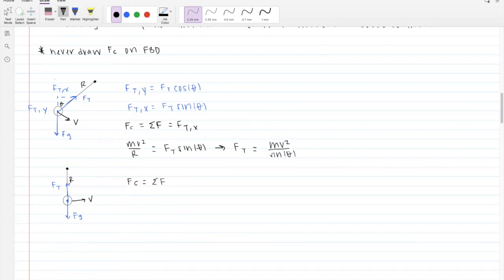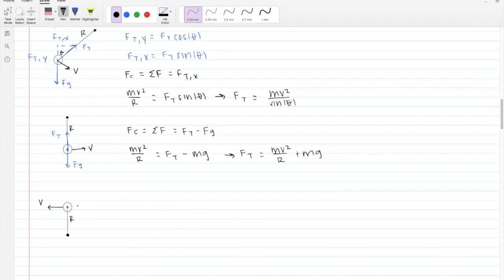Well, we only have forces acting in the y direction. So we have Ft minus Fg. All right, and let's plug in Fc, which is mv squared over r, is equal to Ft minus mg. And we can redefine Ft as equal to mv squared over r plus mg.